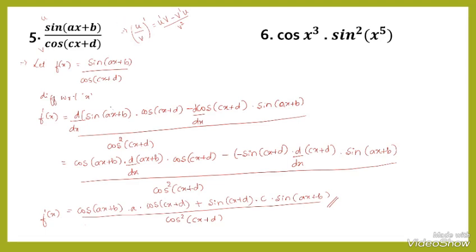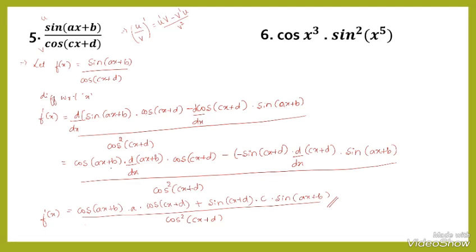First, I have to differentiate the first function as u, again keep v as it is, minus take the differentiation of the second function and keep the first function constant, whole divided by v square, that is cos square cx plus d. Now the differentiation of sin x will be cos of ax plus b.